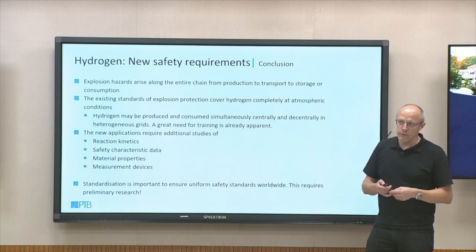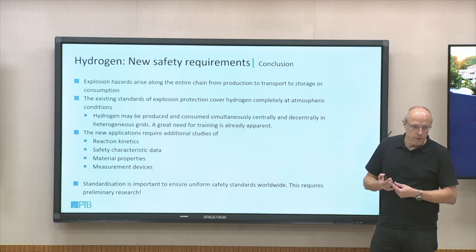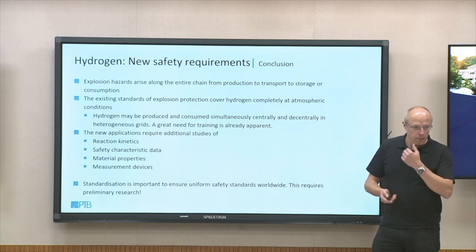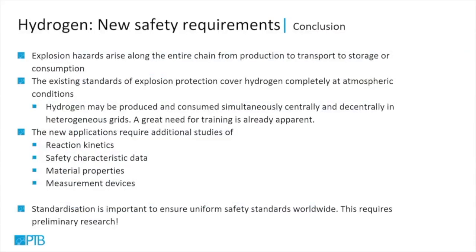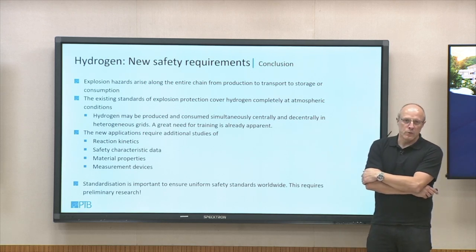So for liquid hydrogen, for example, there's a big demand for new standards. And of course, we have a great need for training so that we have proper engineers and technicians here who can work with this topic properly.